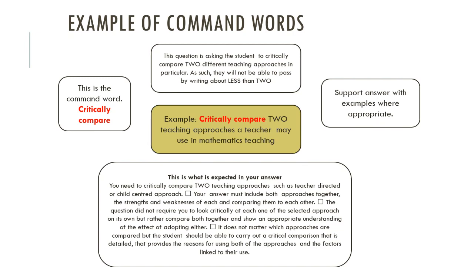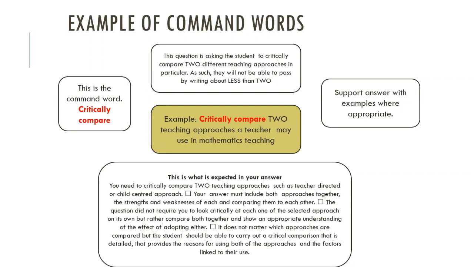You need to critically compare two teaching approaches, such as the teacher-directed and student-centered approach. Then your answer must include both approaches together with the strengths and weaknesses of each, comparing them to each other. So after you have explained, you need to say, these are the strengths and weaknesses of the teacher-directed approach. These are the strengths and weaknesses of the student-centered approach.